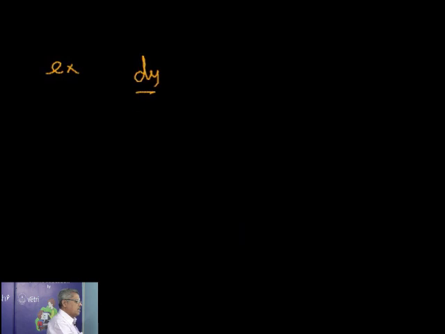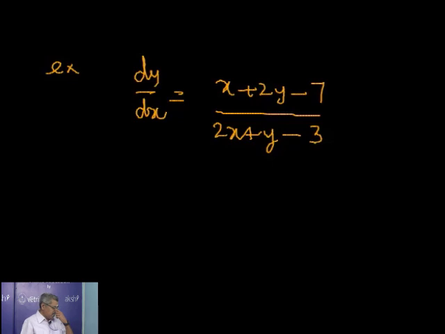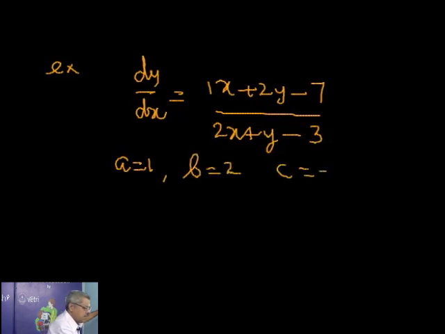For example, dy by dx is equal to (x plus 2y minus 7) divided by (2x plus y minus 3). Let us discuss this problem. I have taken this problem at random. Now, a is 1, b is 2, c is minus 7.